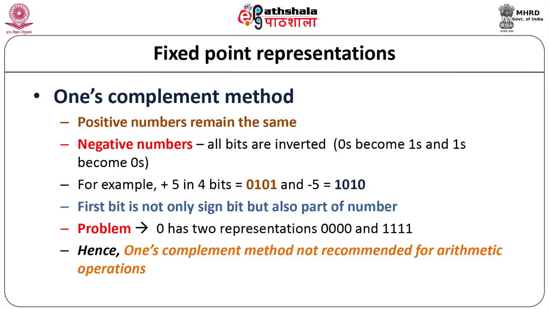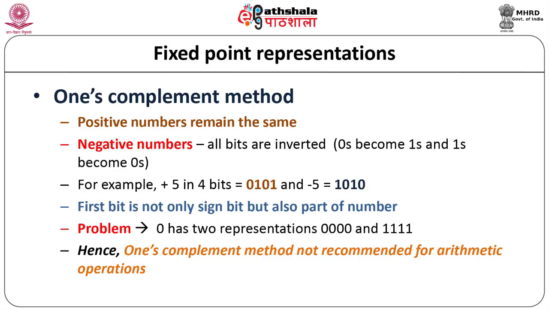Let us discuss the representation of signed integers using the ones complement method. In this technique, the positive number remains the same. While representing negative numbers, all bits are inverted, that is, zeros become ones and ones become zeros. Let us represent +5 in 4 bits. It is 0101 and -5 is represented as 1010.